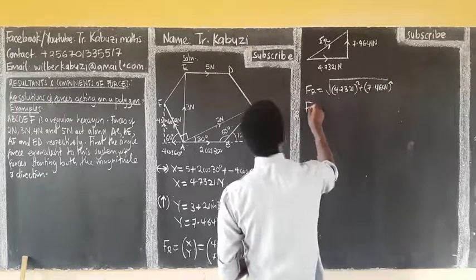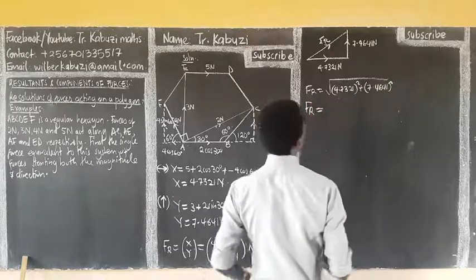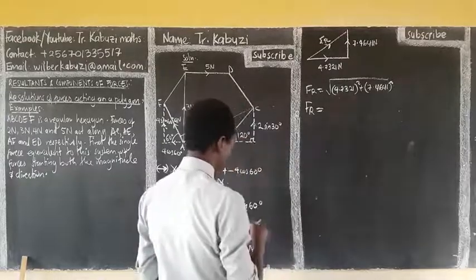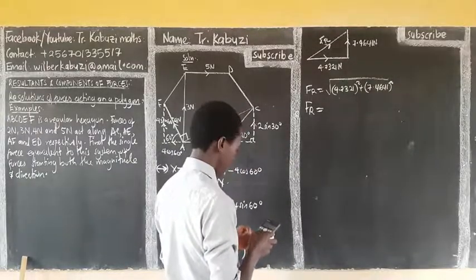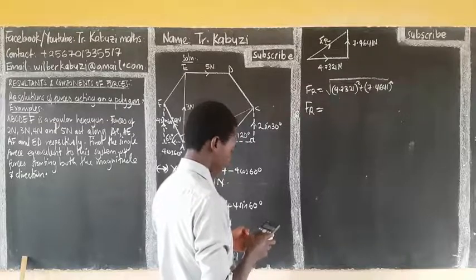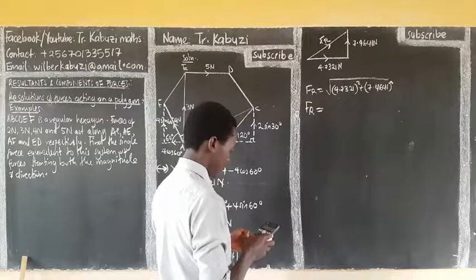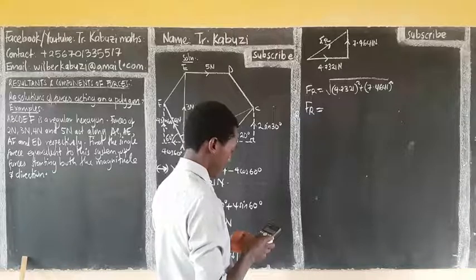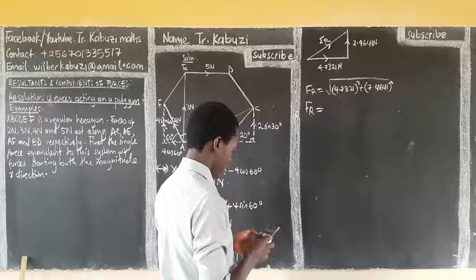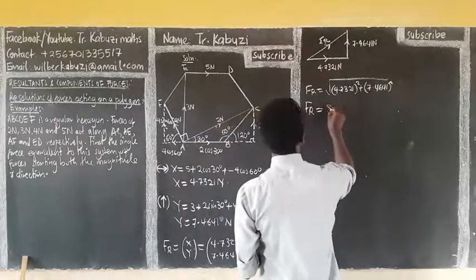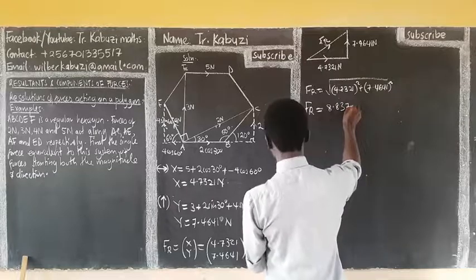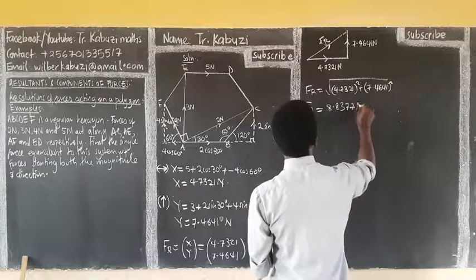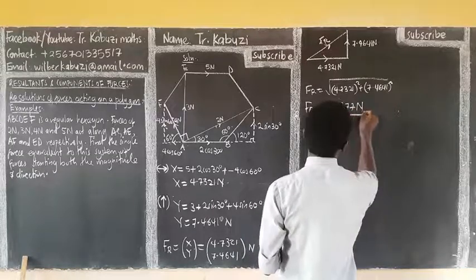So our FR here is going to be, when you press that on the calculator, so here I'm getting 8.8377 newtons. We give it 4 decimal places.